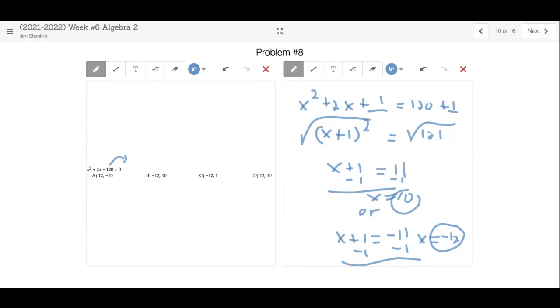Pretty awesome. I love these types of problems. I like using completing the square. I think completing the square is an easy thing to use, but it's not always easy. If that middle term was an odd number, it makes it way harder. No question about it.